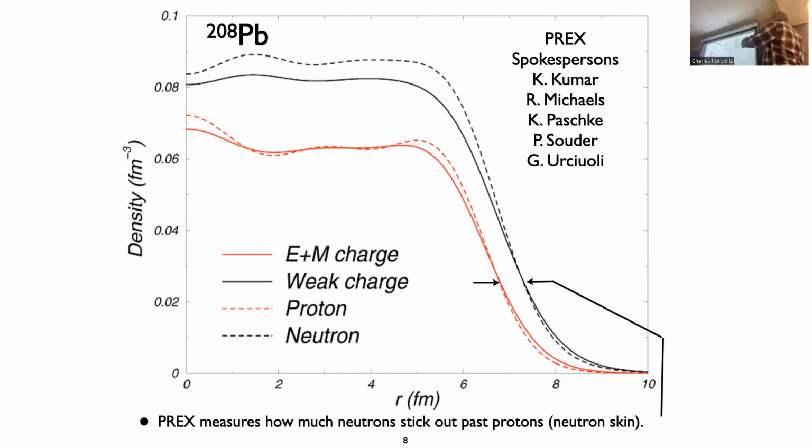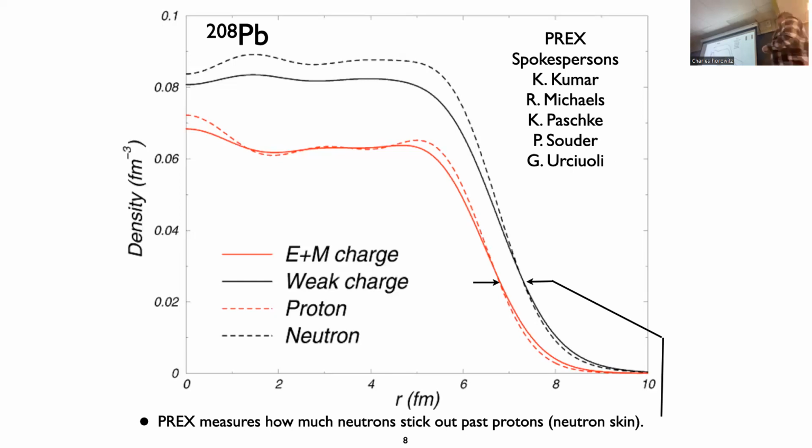And then we're interested in the neutrons. So the black dash is the neutron density. The area under that is 126 neutrons for lead-208. And then this is the weak charge density. So the distance from here down to there, that's the small weak charge of the proton.